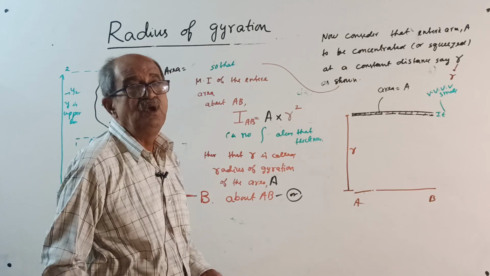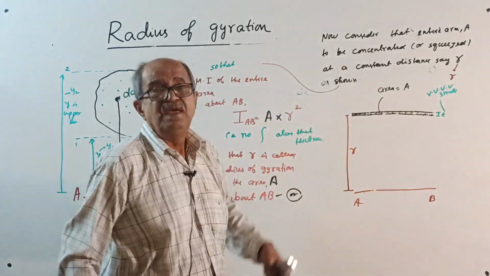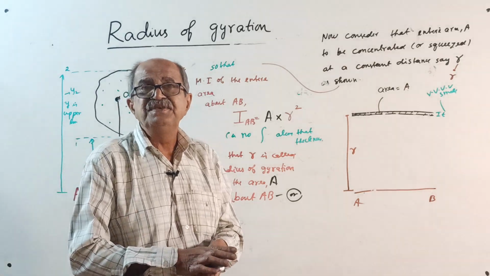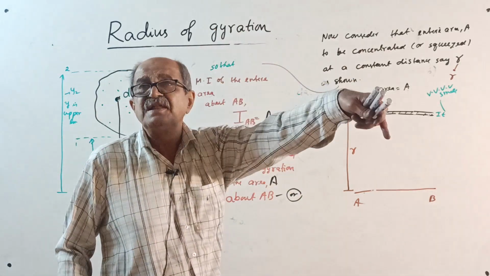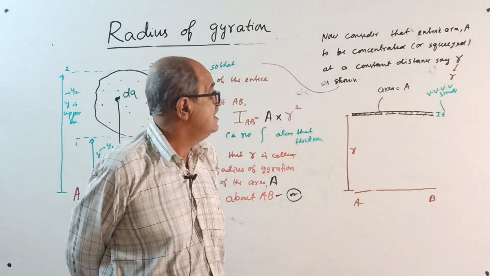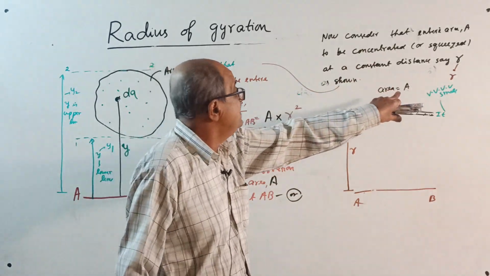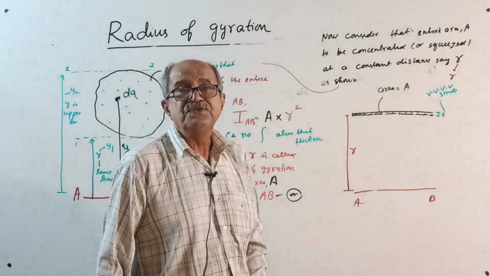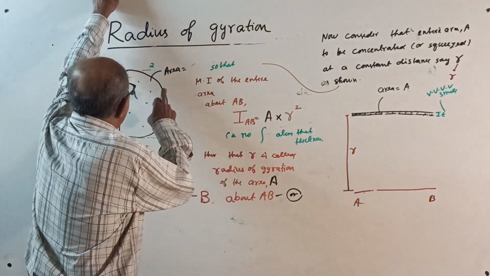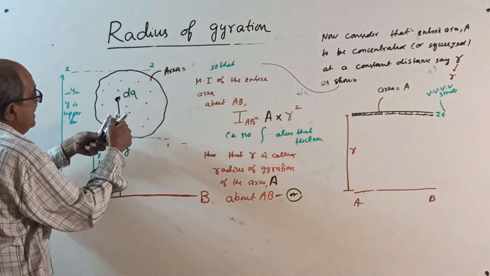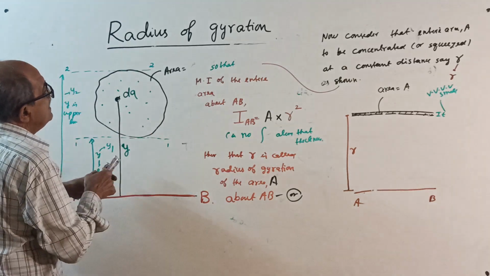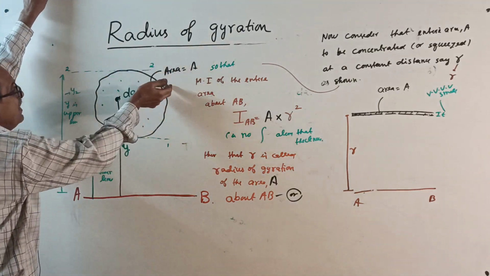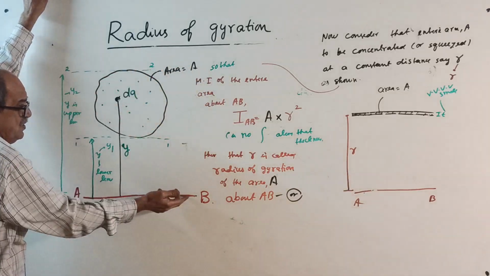Now, in the definition I will tell you, the radius of gyration is somewhat an imaginary distance at which the entire area is considered to be concentrated at a constant distance R, so that the product of area and square of that radius of gyration will give the same moment of inertia as the moment of inertia of the original area, A, about the AB axis.